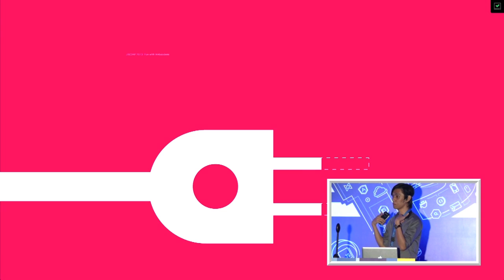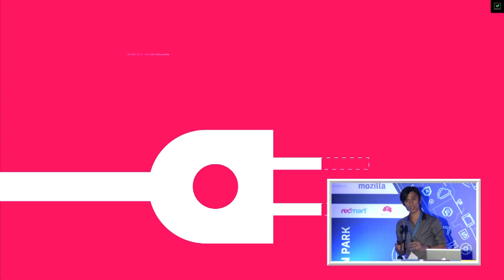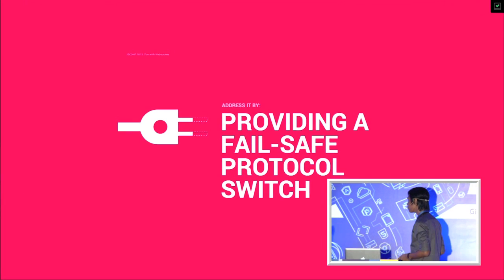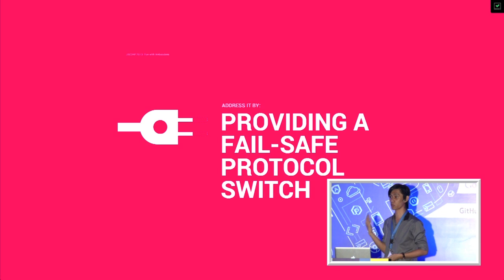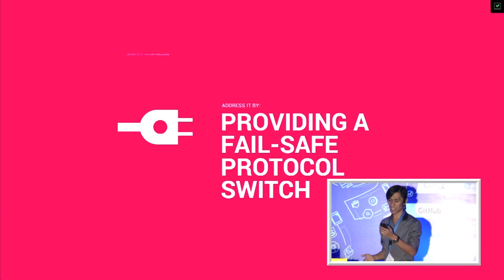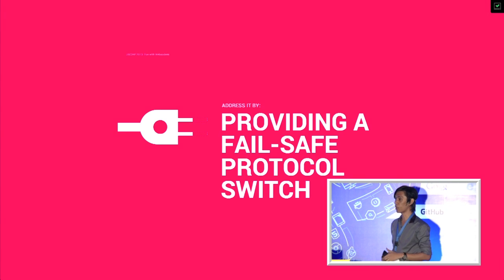So how do you make sure that the user gets to have a transparent experience? It's this. You need to provide a fail-safe protocol switch. You can never assume that everyone will have a WebSocket. I was testing the application here, and I'm using the default Samsung browser.